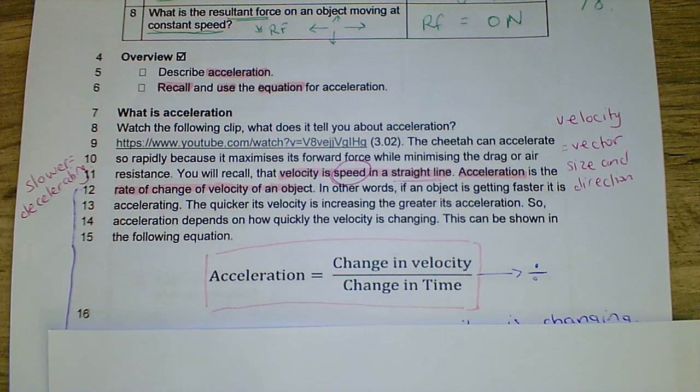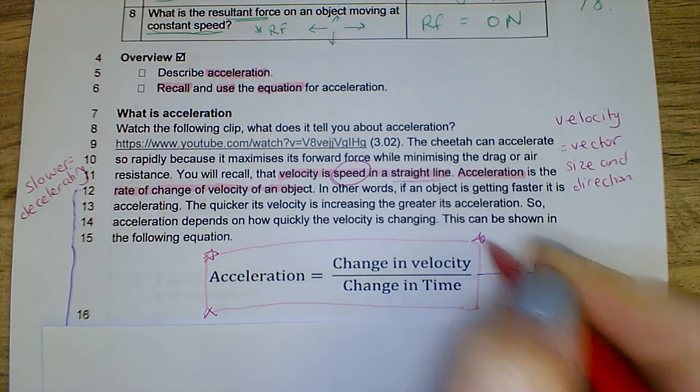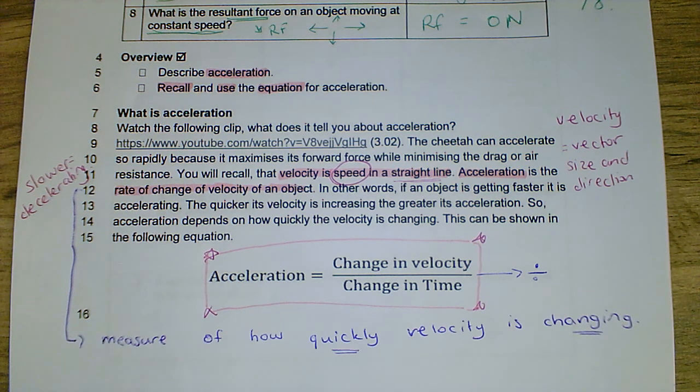So acceleration is change in velocity divided by, because that's what this line means, divided by change in time. You do need to know this, okay? So highlight it, star it, whatever it is to make it stand out to you, but you do need to know this equation.